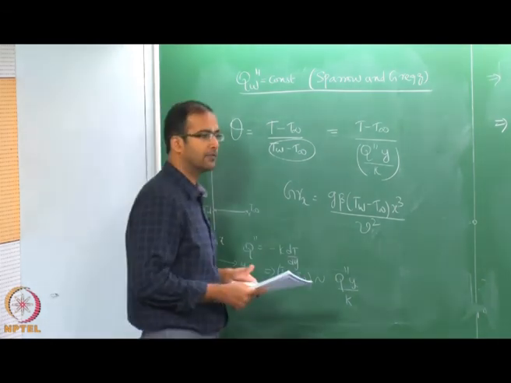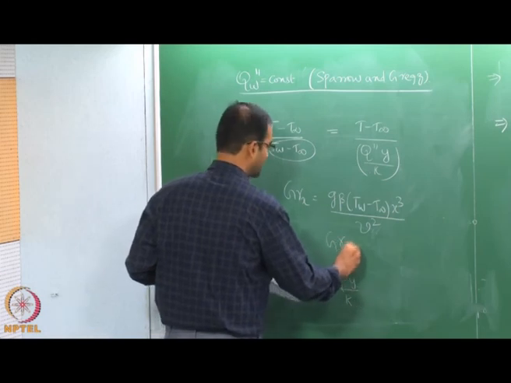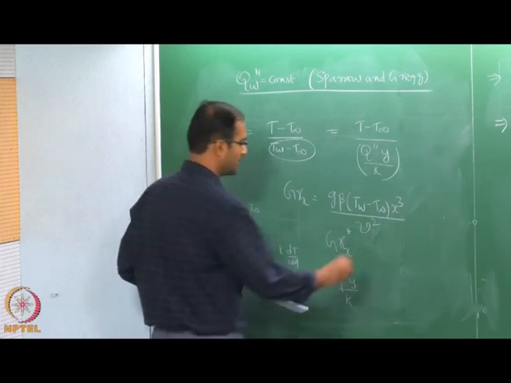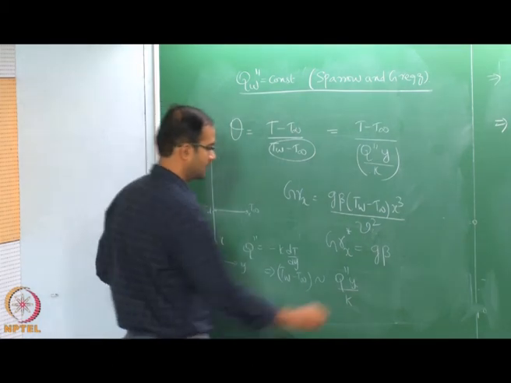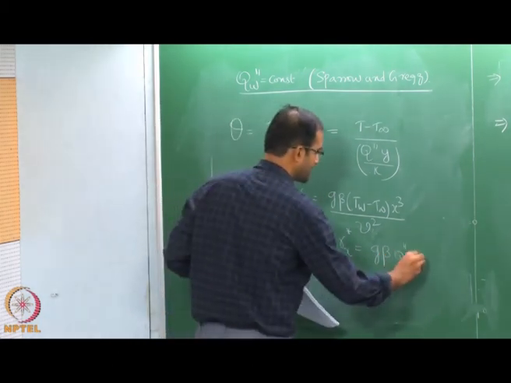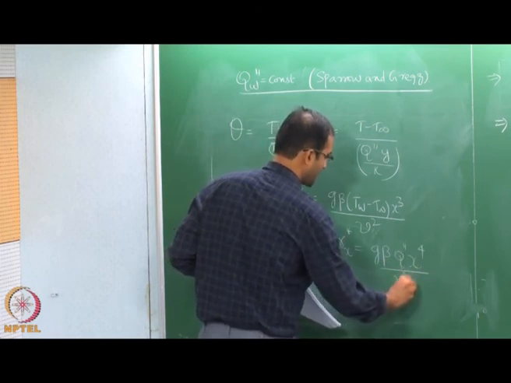So, that we can define a Grashof number, we will use Grashof number star to differentiate this from the conventional Grashof number. Now, this will be based on your heat flux. So, this will become q double prime x power 4 by nu square k.